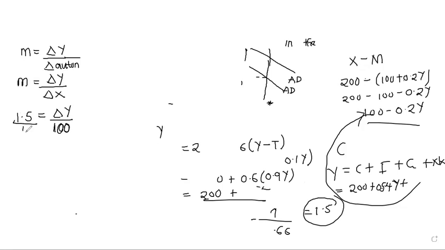You cross multiply, and change in Y will be 150, because 1.5 times 100 is 150. This is our final answer there.